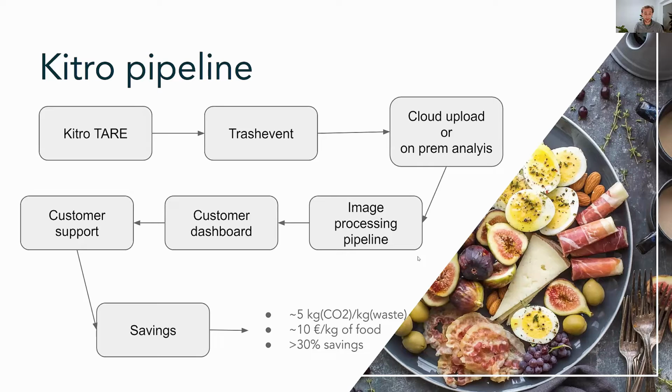We have some interesting examples here with hotels, and I won't go into much detail, but we had a customer that didn't know that they wasted 200 kilos of bread each day. They were ordering too many croissants, too much bread or whatever, and they didn't know that because they're a huge corporation.